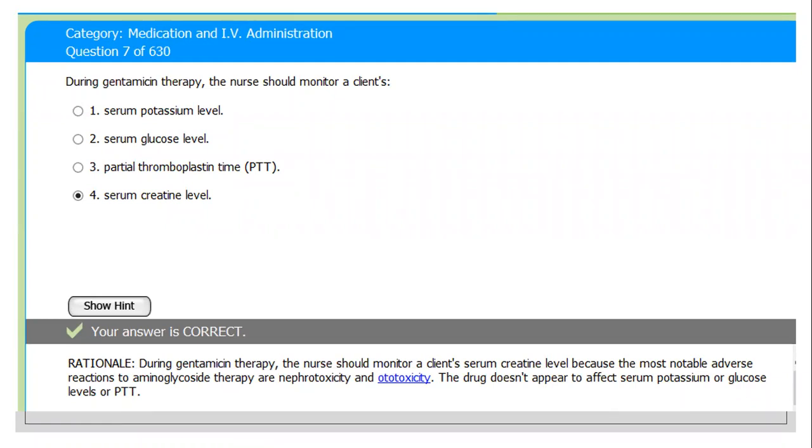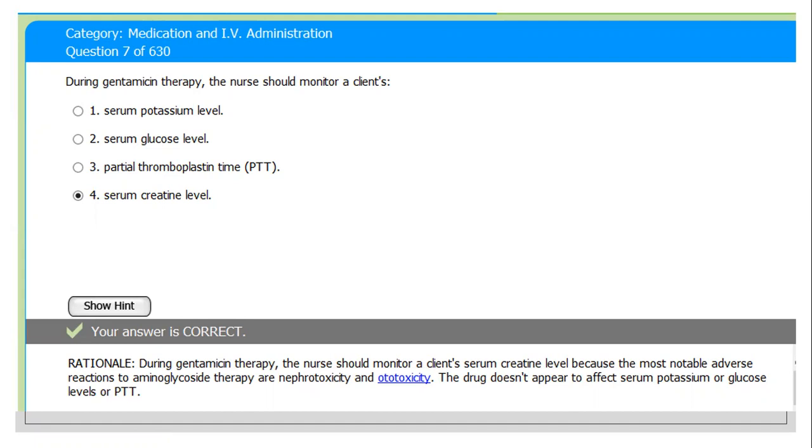The question is about gentamicin, but in the explanation they explain aminoglycoside, because gentamicin is one of the members of aminoglycoside. Also keep in mind, aminoglycoside is a broad-spectrum antibiotic, a bactericidal category of traditionally gram-negative antibacterial medication.